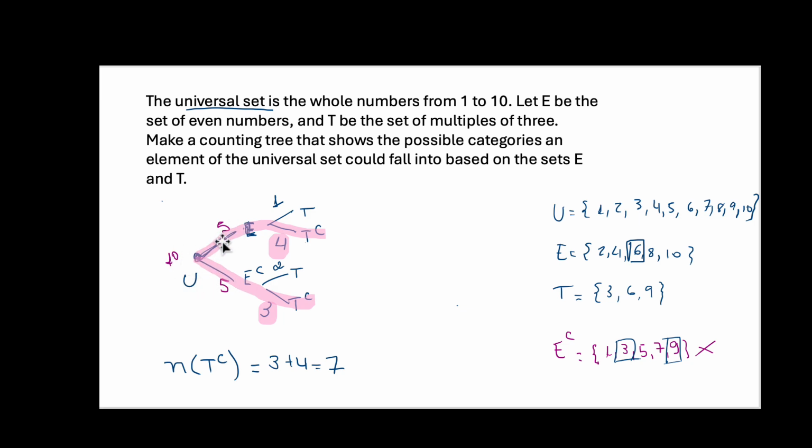You used the rule that whatever comes to the left of a node has to be equal to whatever goes out of the node to the right. So 5 is equal to 1 plus 4, and 5 is equal to 2 plus 3. And you also used the rule where if you want to count the elements of a set, just highlight and count the paths that pass through that set. Okay?